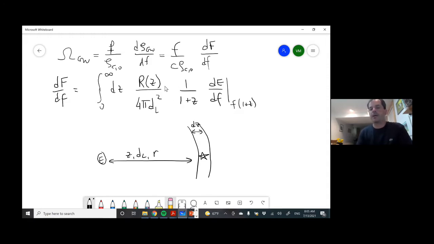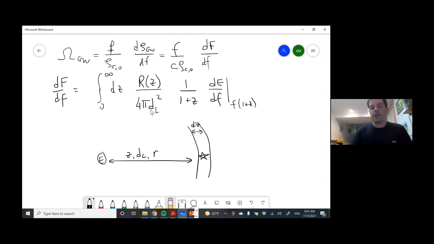Then we will have to multiply this by the rate, so how many of such sources there are per unit time. And then, of course, to calculate the flux, we have to divide by the area, which will be the area of the sphere of radius dL. So that's this 4 pi dL squared.